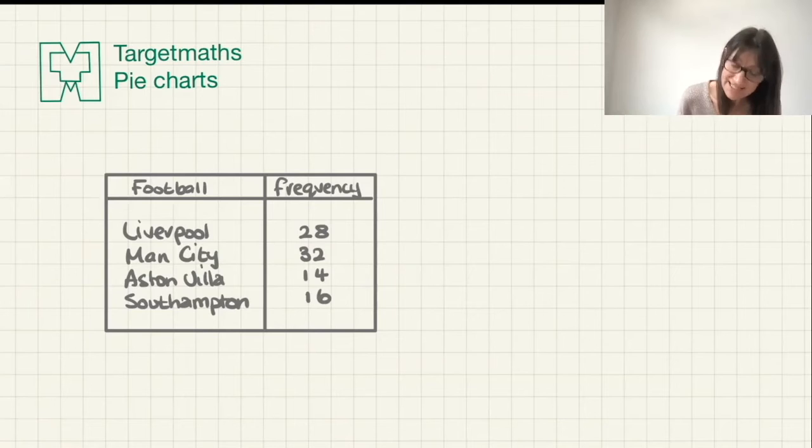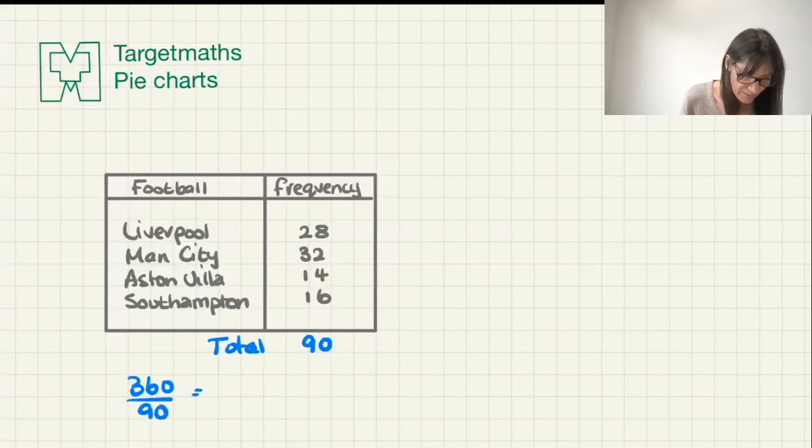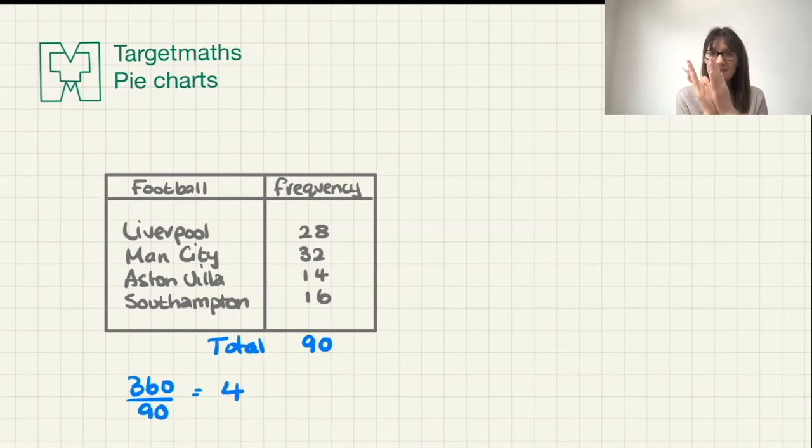Okay, first step, get that total. So you add those together and you would work out that that is 90. You then do 360 divided by the 90, which is going to give you 4. That tells you the number of degrees every single individual person is going to have.